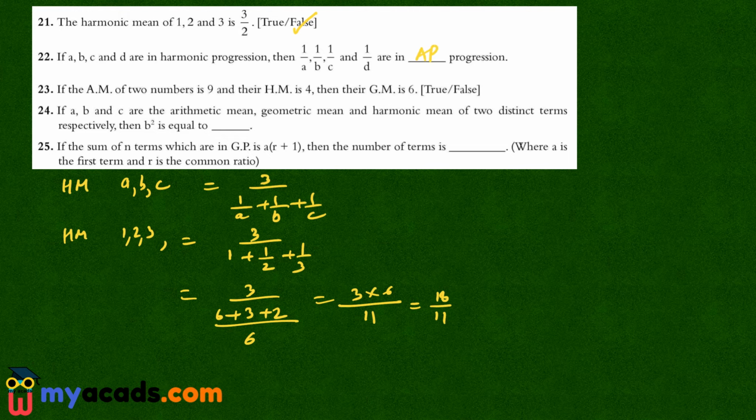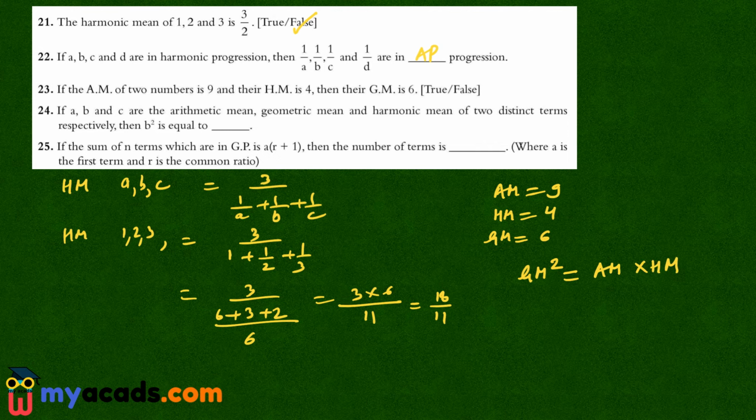My next question is: if the arithmetic mean of two numbers is 9 and the harmonic mean is 4, then their geometric mean is 6. True or false? Now I know this equation that geometric mean square is equal to arithmetic mean into harmonic mean.